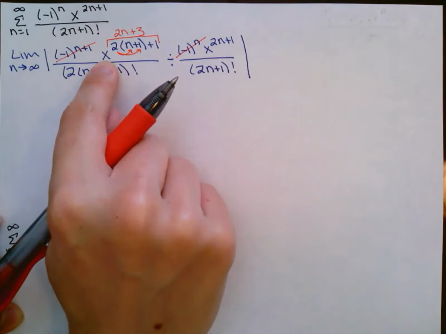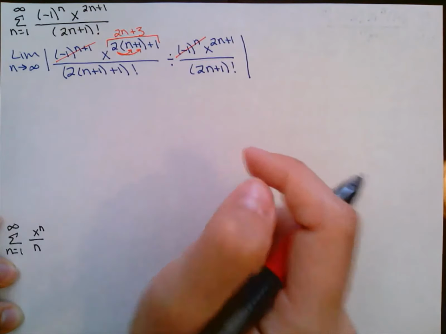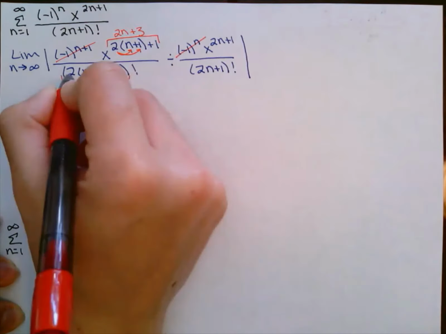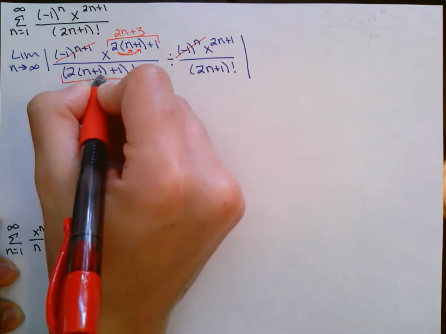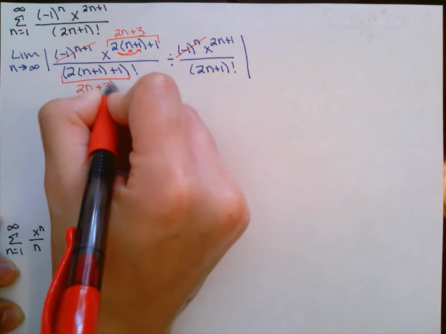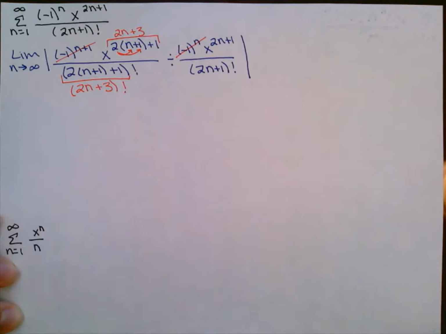So when I split it, I can say x raised to 2n times x raised to 3. Okay? The same thing's going to happen in here. 2 times n is 2n, and then 2 times 1 is 2, plus that 1 is 3. Okay? So I'm rewriting it like that, not to go crazy, rewriting the whole thing.